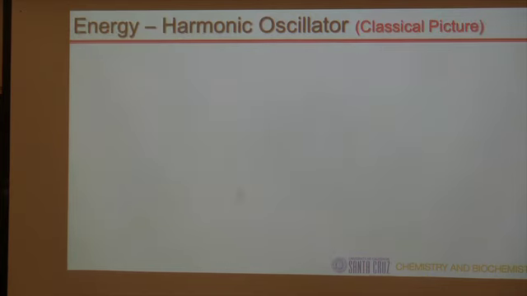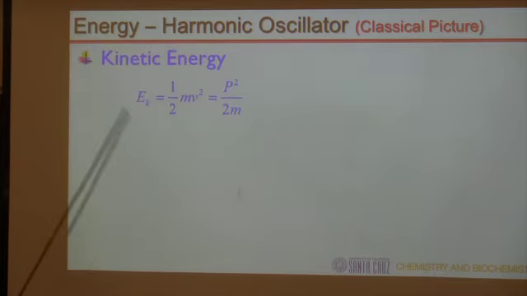Okay. So here I want to talk about the classical picture. We'll talk about energy as well. As you know from your physics class, the kinetic energy is just 1/2 mv squared, which you can rearrange to this form using p as the linear momentum.